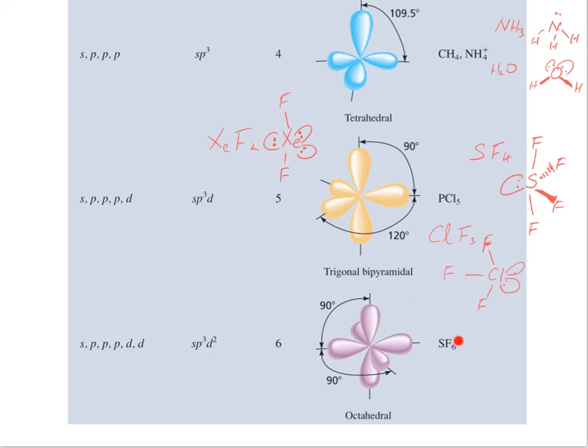For example, sulfur hexafluoride: sulfur with six fluorines and no lone pairs, in an octahedral arrangement.